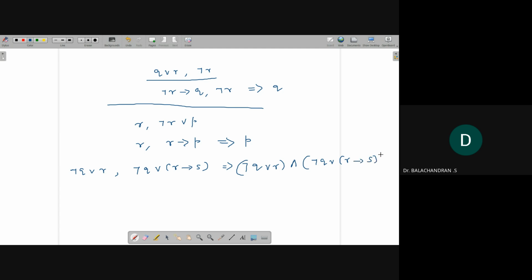So this is the first step: P, Q implies P and Q.